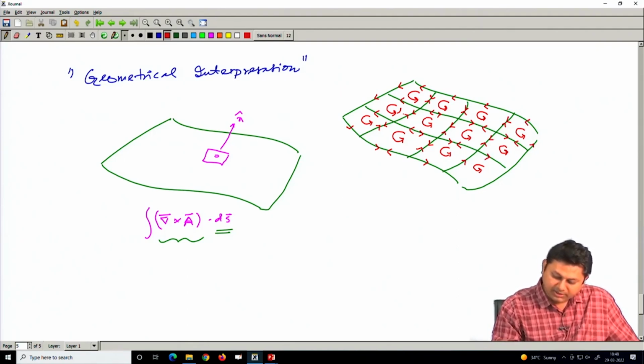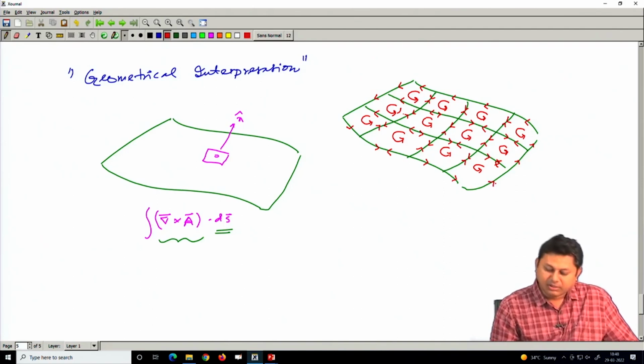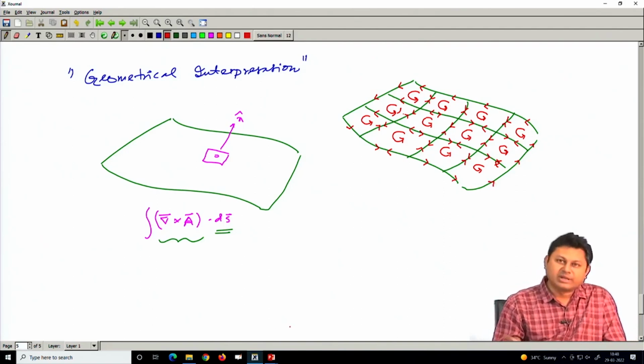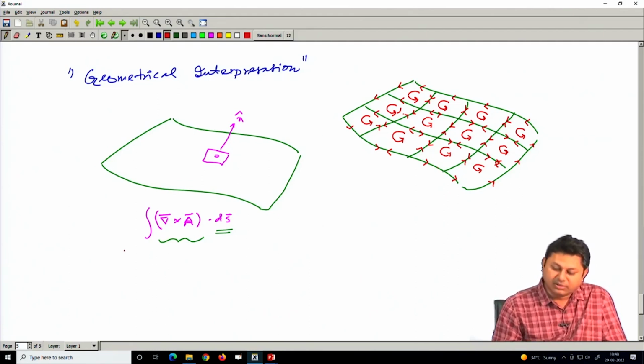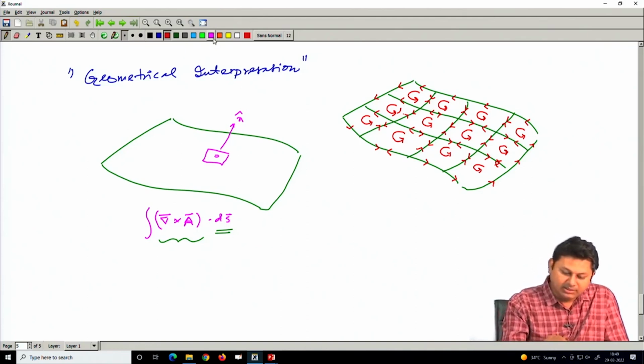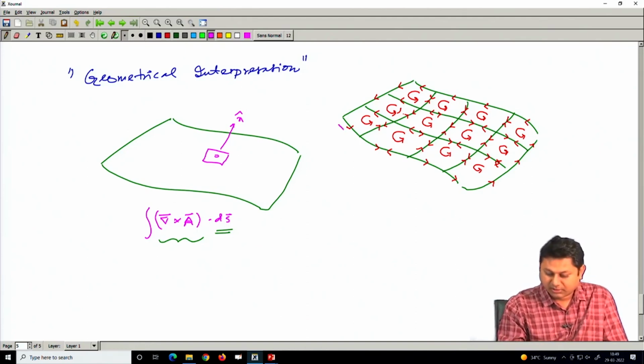I am just drawing the directions accordingly. You can see that when you calculate the curl over the entire surface with all these dS and integrate, the final outcome is only this portion here, the outer boundary.